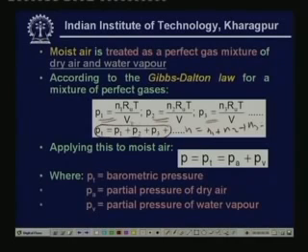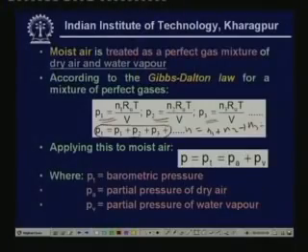When you apply the Gibbs-Dalton law to moist air, we have only two gases, dry air and water vapor, both assumed to behave as perfect gases. So the total pressure, or barometric pressure, Pt = Pa + Pv, where Pa is the partial pressure of dry air and Pv is the partial pressure of water vapor.